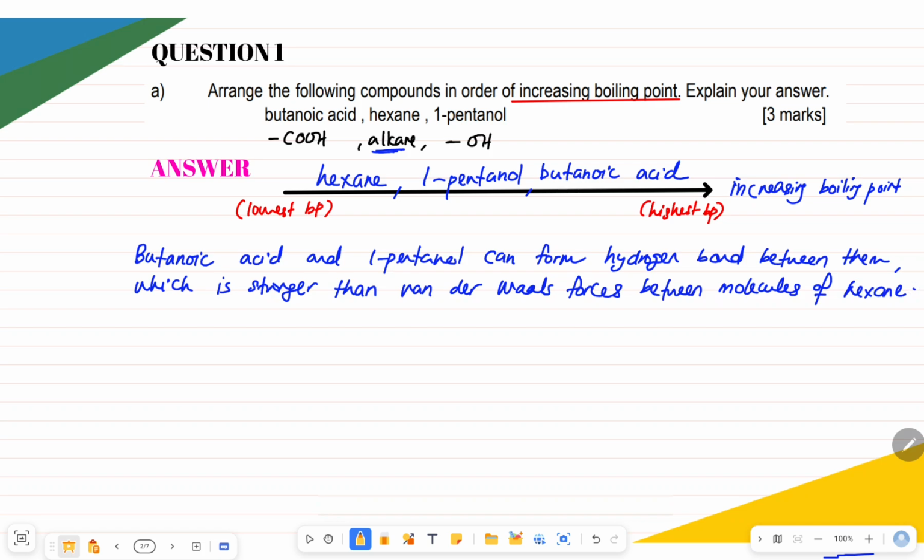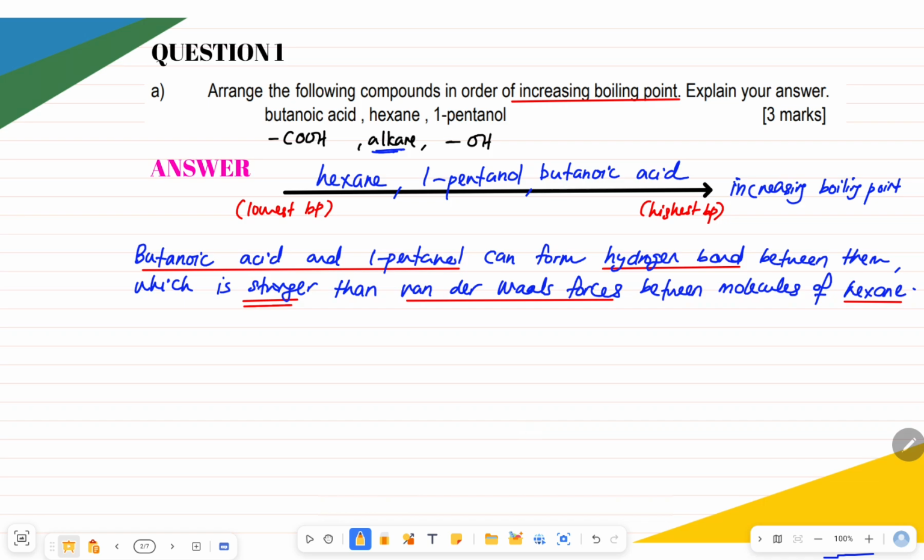Okay, so both butanoic acid and pentanol can form hydrogen bonds between them. Hydrogen bond is stronger than van der Waals forces that you can find in the molecules of hexane. So that's why we put hexane as the lowest boiling point.